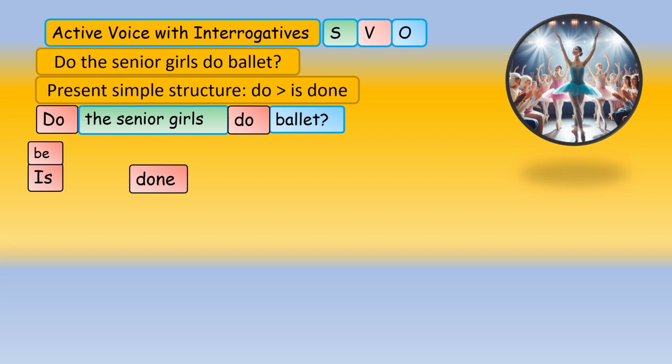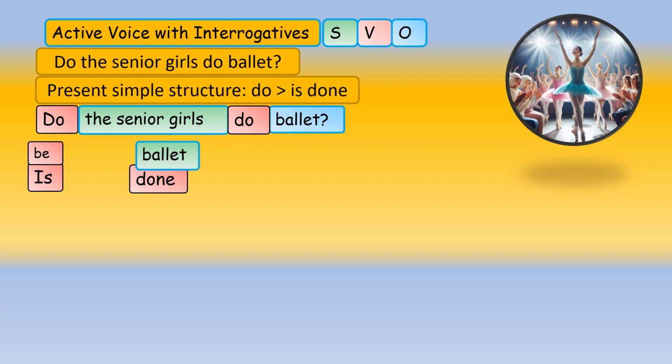So let's now continue to the passive voice. Is done. So do will go to is done. Is, because ballet is a singular subject when it moves here to the passive voice, and done is the past participle of the verb do.